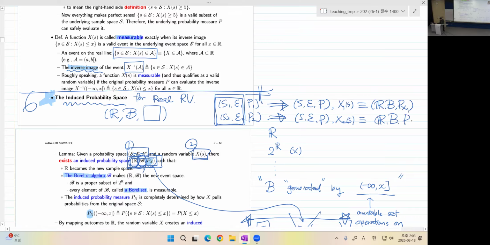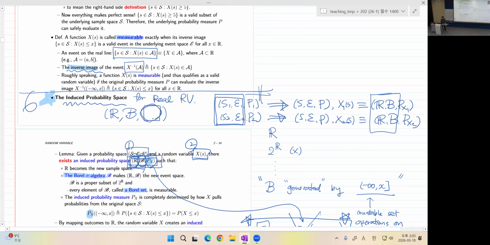And again, we have another induced probability space this way. So we have successfully unified every random experiment generating a real number. The only difference is this function.